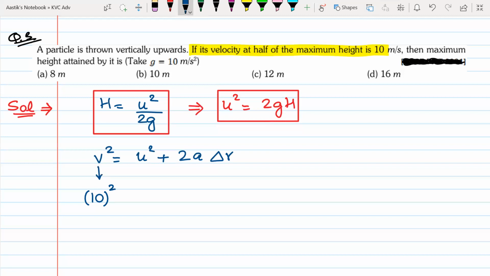Do we understand this? Yes or no? That will be equal to u square. Now u square, I have written as 2gh, so you can straight away write it as 2 into g into h.